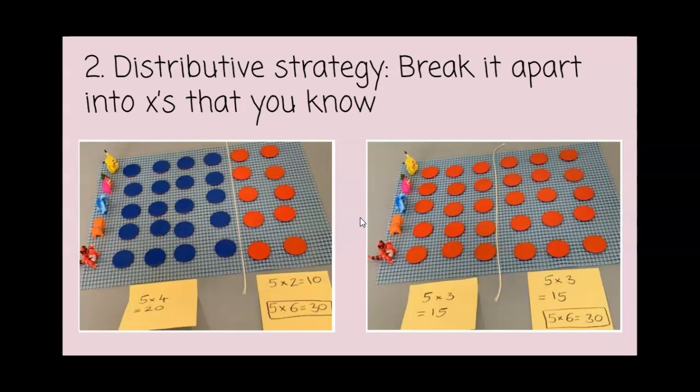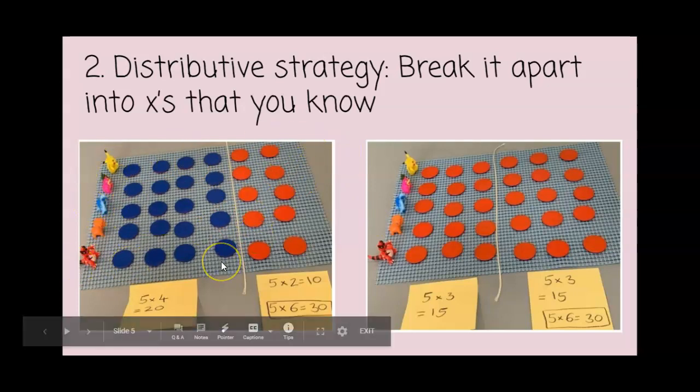So we've got the same example as before, and it was 6 groups of 5, or 5 groups of 6. So if we look at the rows, 5 rows, and there's 6 in each row.